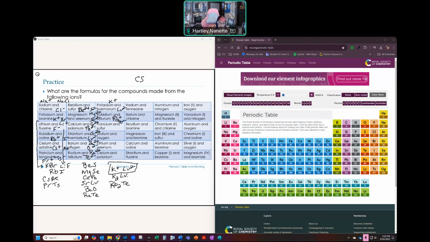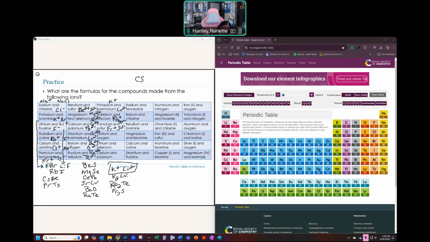Francium. We need francium over here. He's an Fr+. And then we want that with sulfur. And sulfur we did over here. He was 2-. So again, we've got an Fr, he's a +1, and an S that's a 2-.